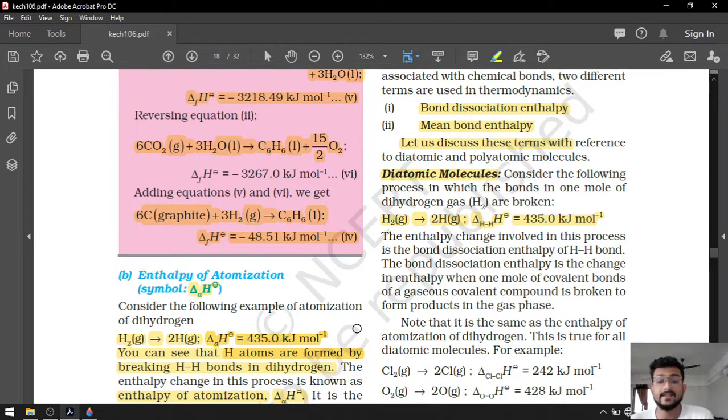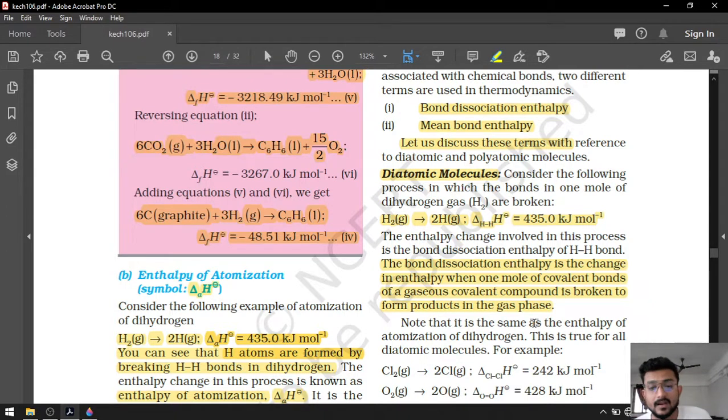The enthalpy change in this process is the bond dissociation enthalpy of the hydrogen-hydrogen bond. The bond dissociation enthalpy is the change in enthalpy when 1 mole of covalent bonds of a gaseous covalent compound is broken to form products in the gaseous phase. When one covalent bond is broken, it will be known as bond dissociation enthalpy.